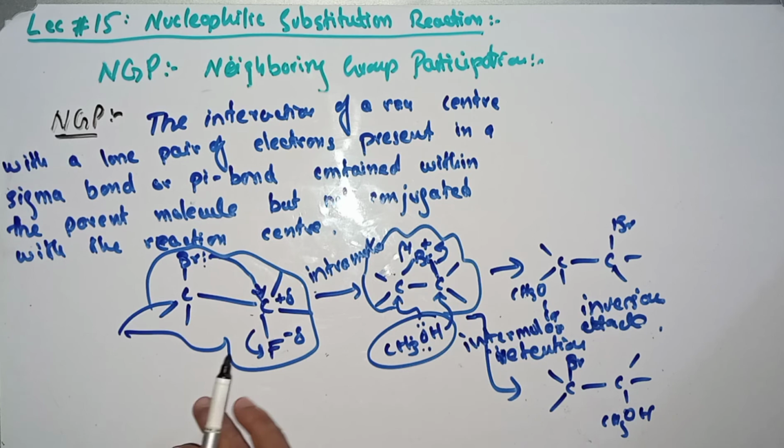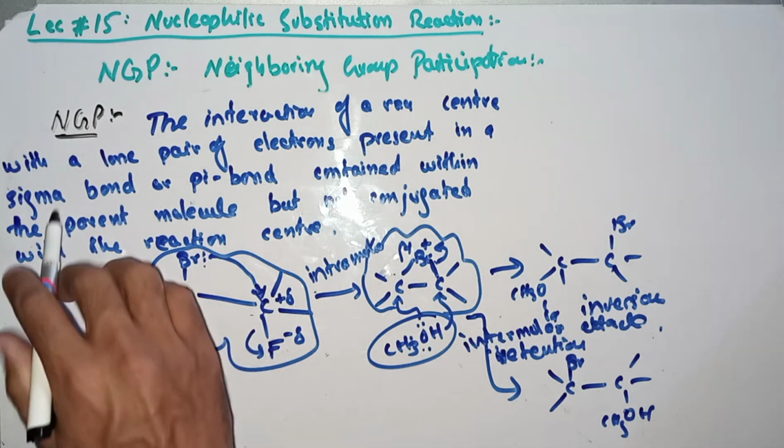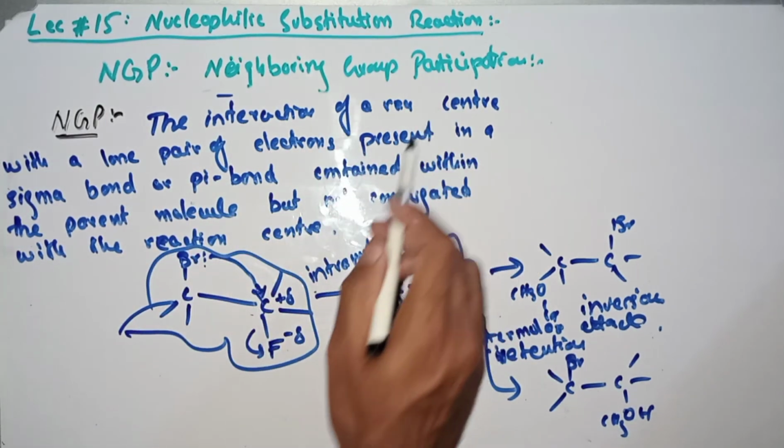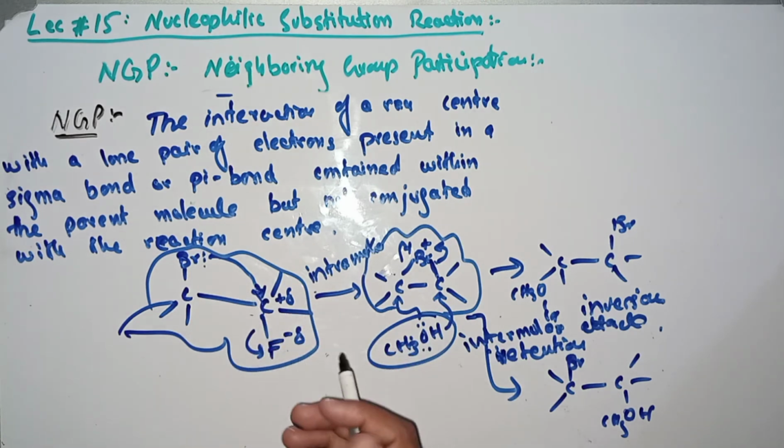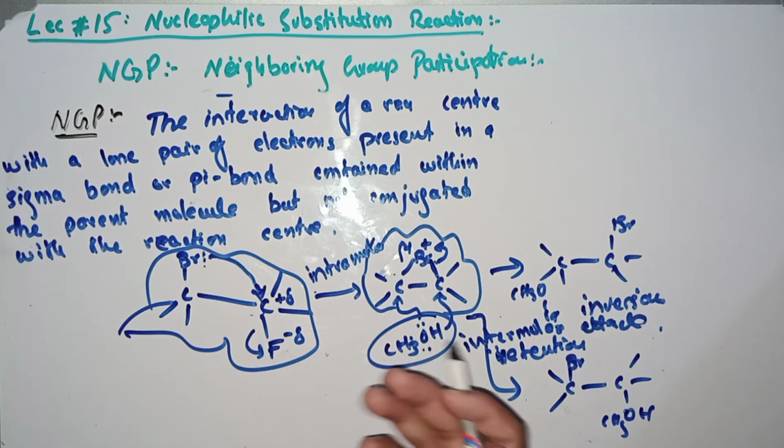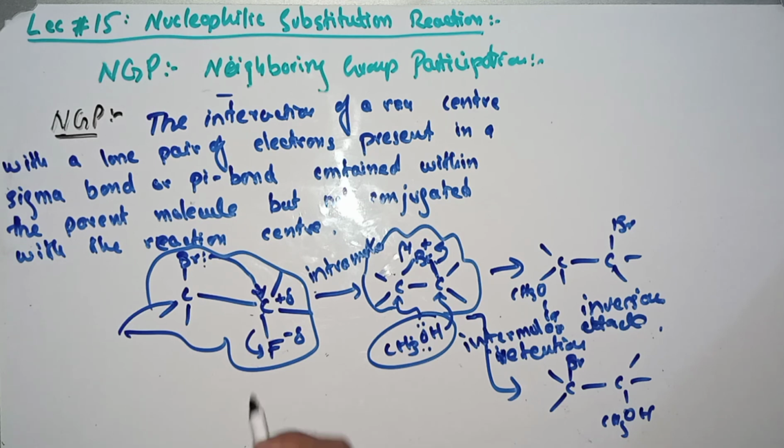So these are the two products. This is the effect of NGP, neighboring group participation. Neighboring means, in simple words, those that are near to you; they are called your neighbors. So this is the neighbor effect of one group on another.